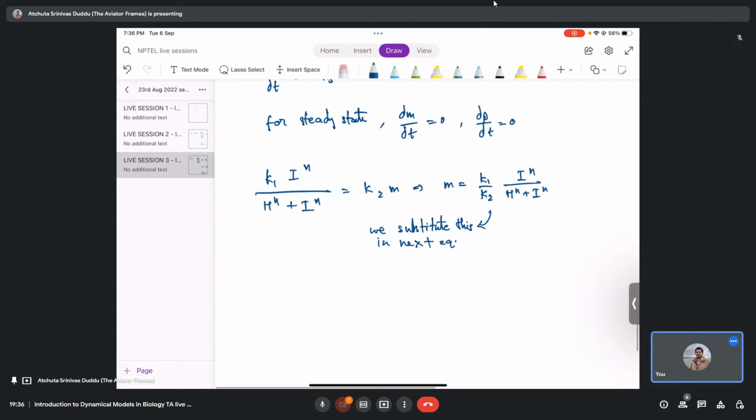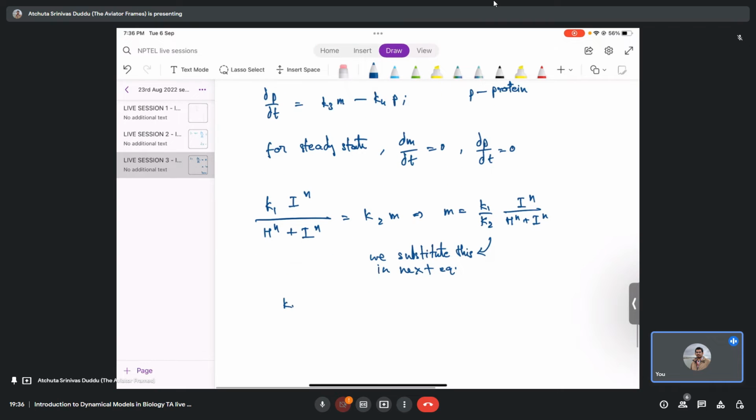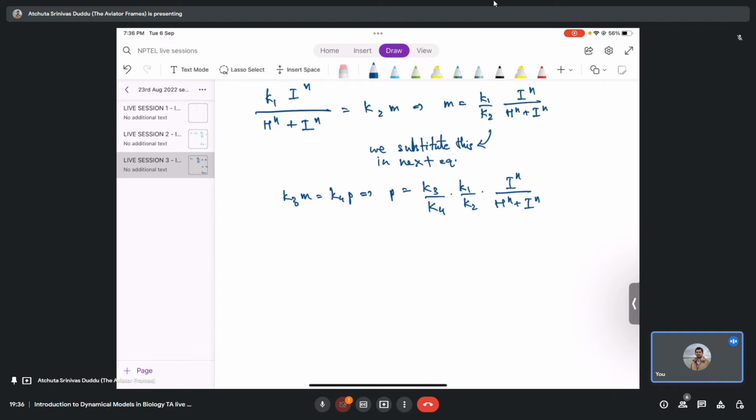So for dp by dt equal to 0, that is k3m equal to k4p, implies p equals k3 by k4 into m, substituting the m we have k3 by k4 into k1 by k2 into I power n by h power n plus I power n. So we have the steady state protein concentration as a function of I, the inducer, right? So that's quite straightforward. It's just taking steady states and then substituting in the consequent equations, right?